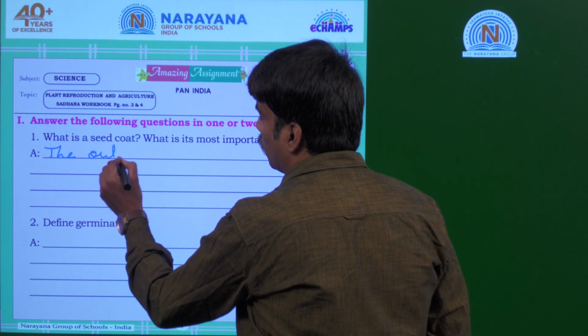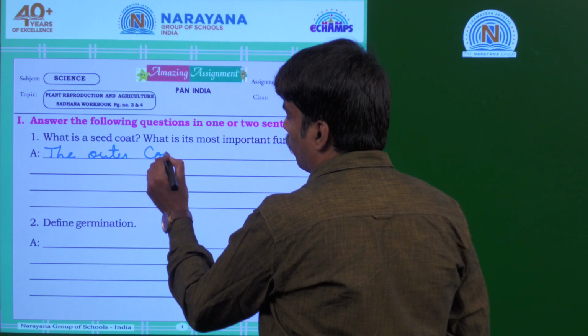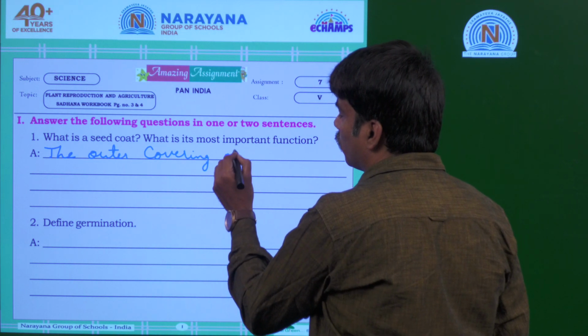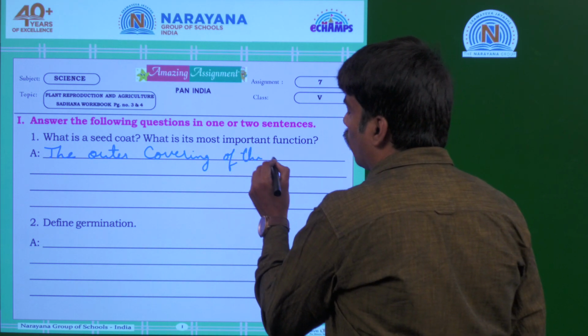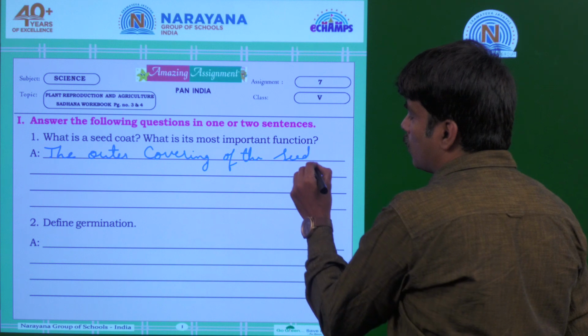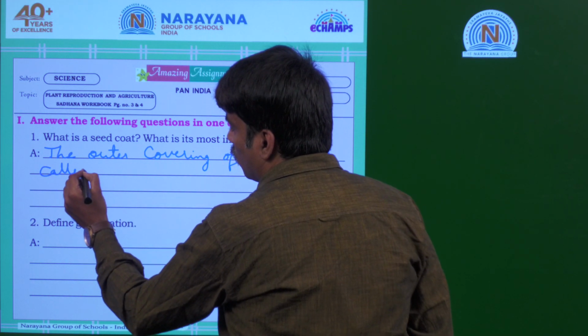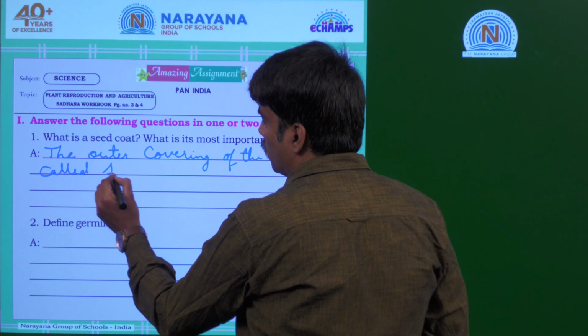The outer covering of the seed is called the seed coat.